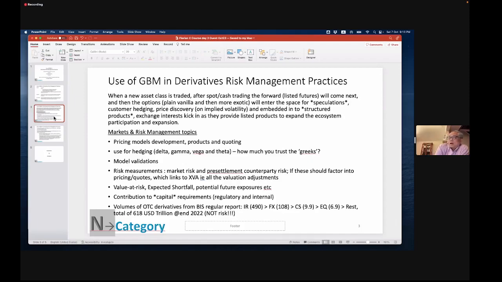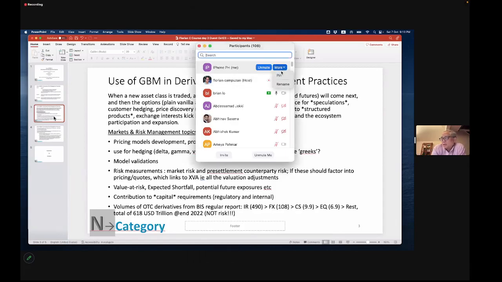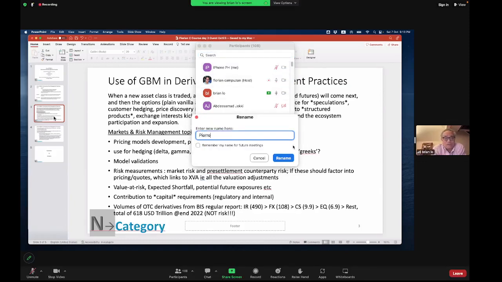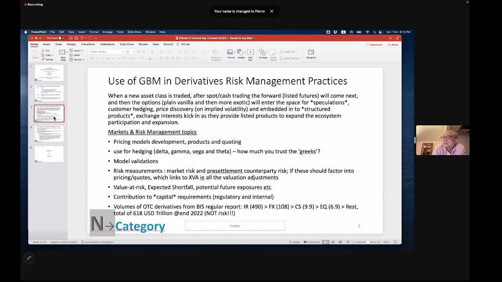And then you don't need geometric Brownian motion for pricing futures yet. But once you get into options, plain vanilla options and more exotic and complex ones, then it enters naturally. The use is big because it allows speculation using options, since options intrinsically allow leverage, and it allows customer hedging and price discovery.